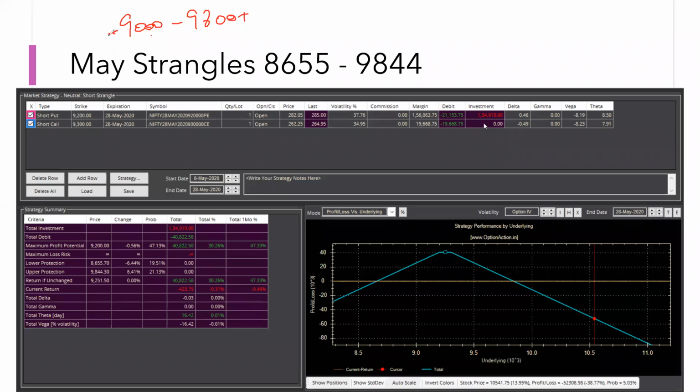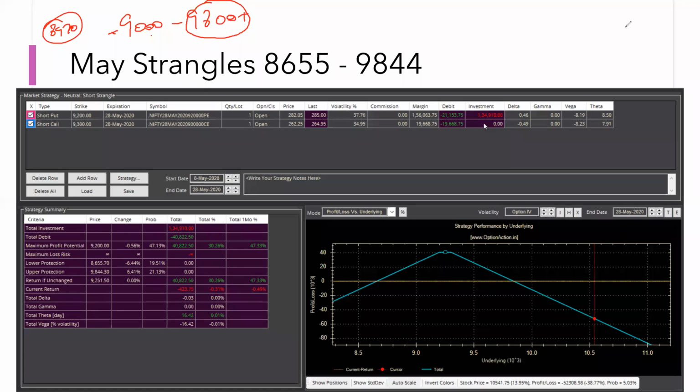Maybe slightly something like 8,970 is the worst case downside expectation, and the worst case upside expectation is 9,800 plus, which breaks the previous month high. In the worst case, 9,800 plus, that is the previous monthly high. That is, the April month high can be broken in the second half of the May series.